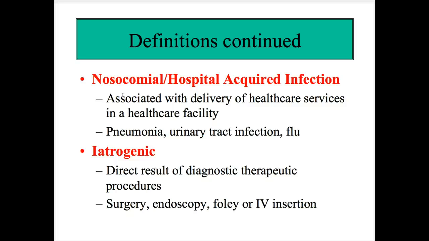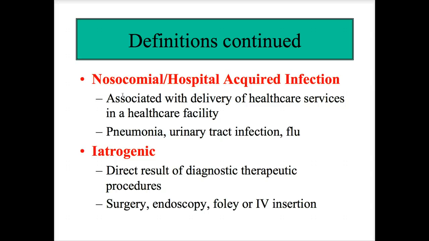So the key concept to know about nosocomial or hospital-acquired infections is that they happen most often in healthcare facilities like hospitals, and they are more difficult to treat, and germs learn.